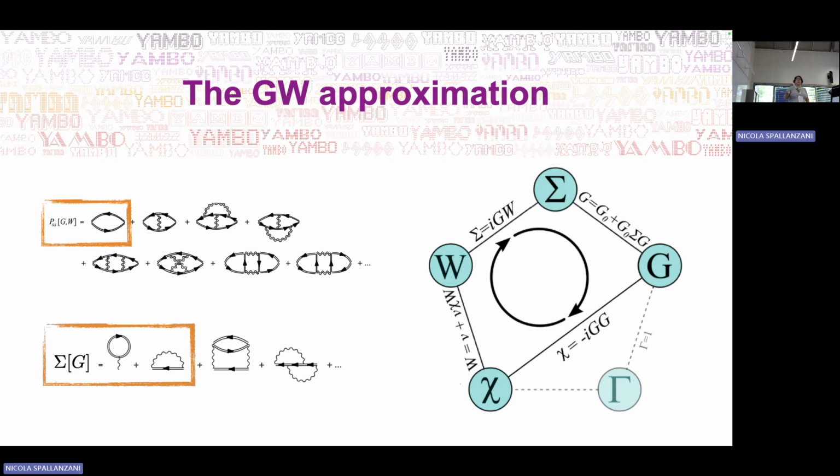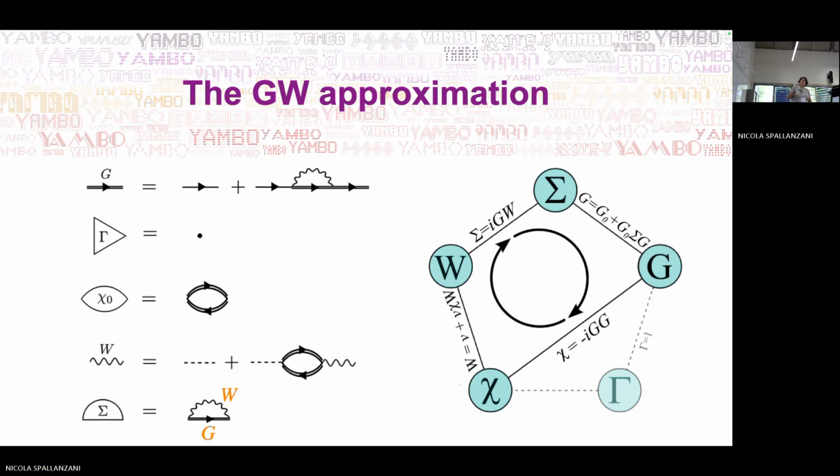It's still an iterative procedure, and these would be the corresponding diagrams of this cut pentagon. As we see here in this GW equation, the self-energy is simply given by the Green function and the screened potential. That gives the name to the approximation.